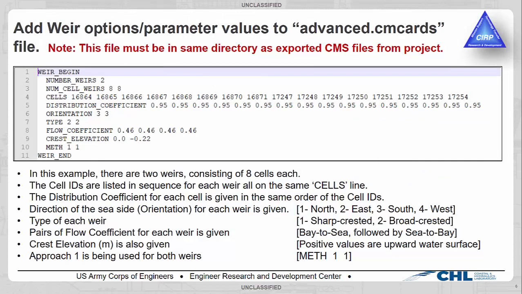And so this is the information that we would be adding for the weirs to a text file. And we've modified the CMS code to where we can write these extraneous files, cards, together that CMS will read, but they're not necessarily stuck into the main parameter file, the CMS cards file.